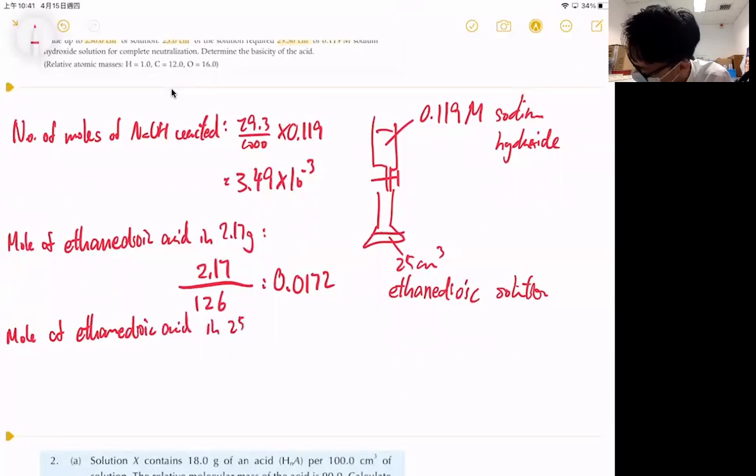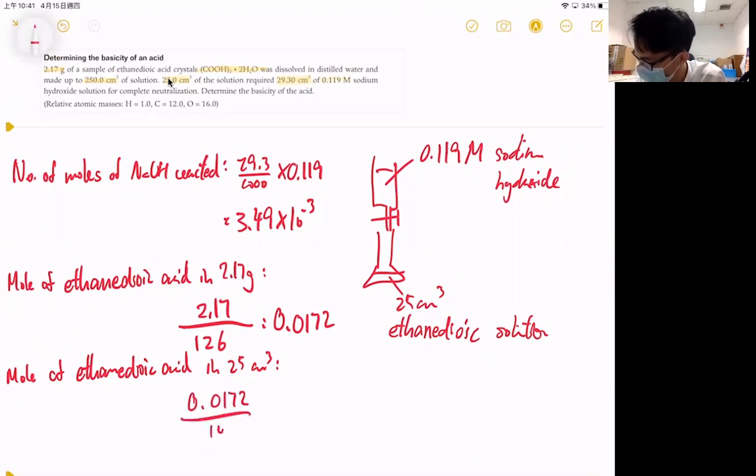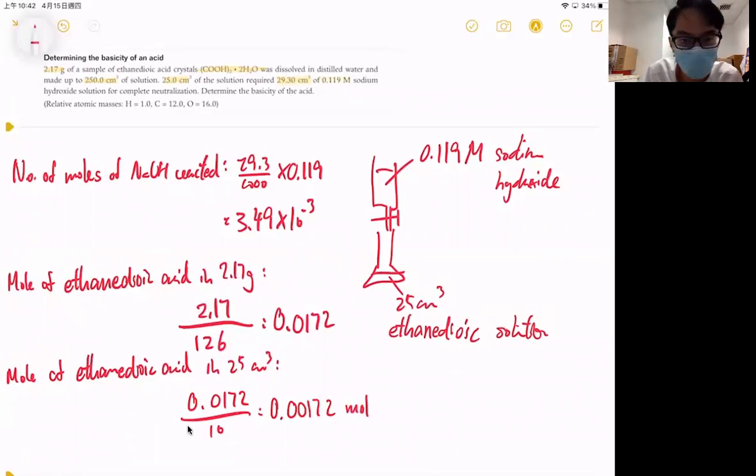Since in 250 cm cube we have 0.0172, in 25 cm cube we divide the mole by 10 because we only withdraw 25 cm cube of the solution. So in 25 cm cube, we'll only have 0.00172 mole of ethanedioic acid.